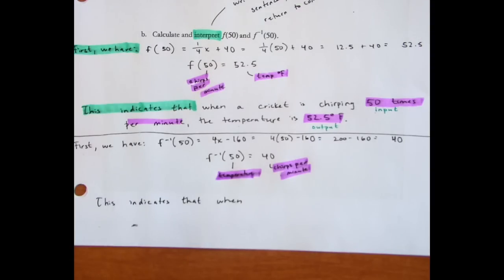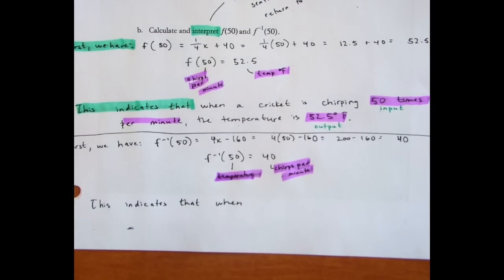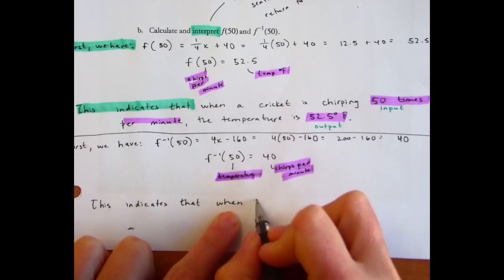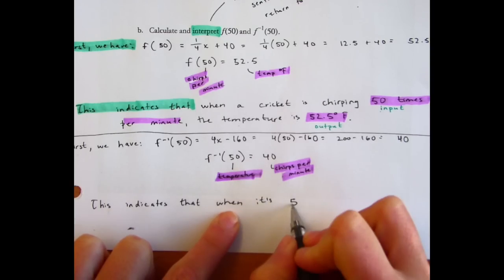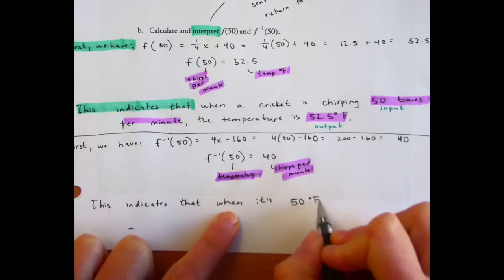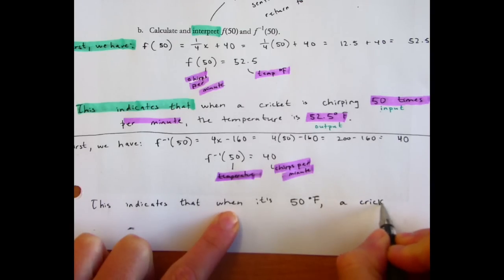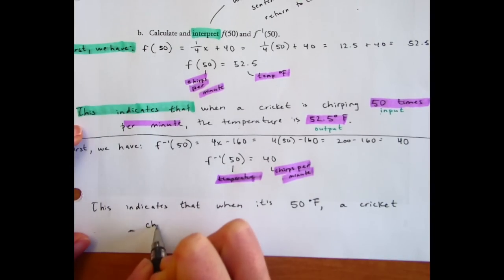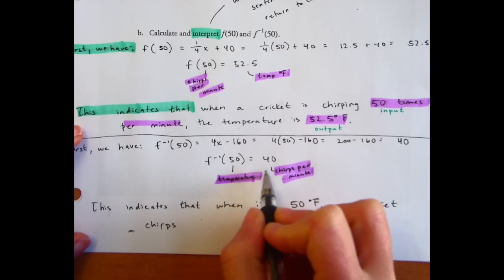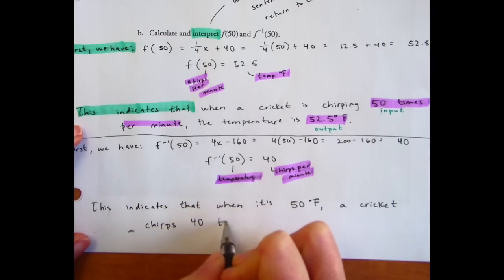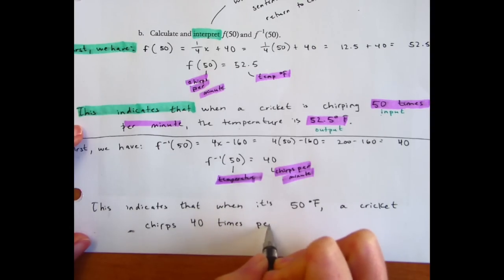So I'm going to say when it's 50 degrees Fahrenheit, a cricket chirps 40 times per minute. So I had to change the sentence a little bit because linguistically I'm switching those two things around.